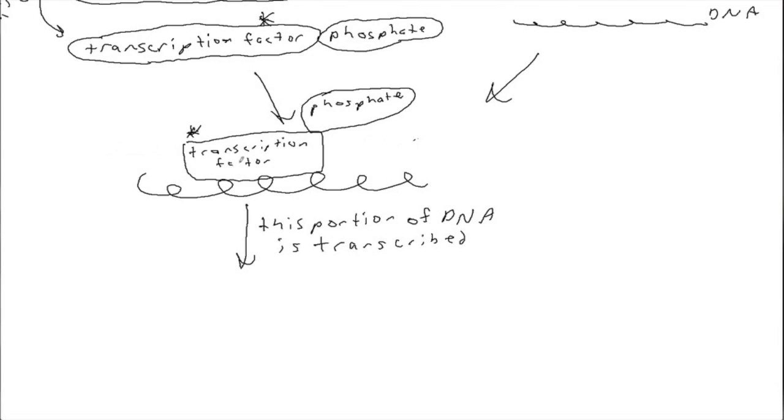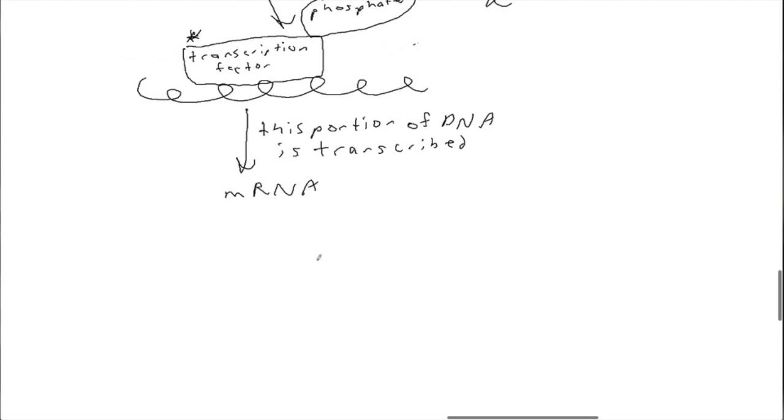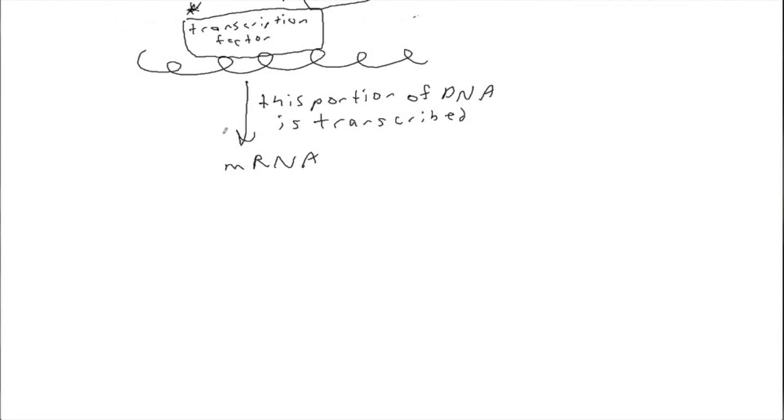It's called a transcription factor because it causes a piece of DNA to be transcribed. If you remember, when the DNA is transcribed, it turns into mRNA. And then that mRNA exits the nucleus and enters the cytoplasm.